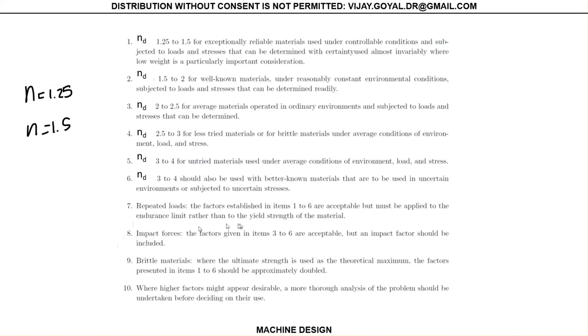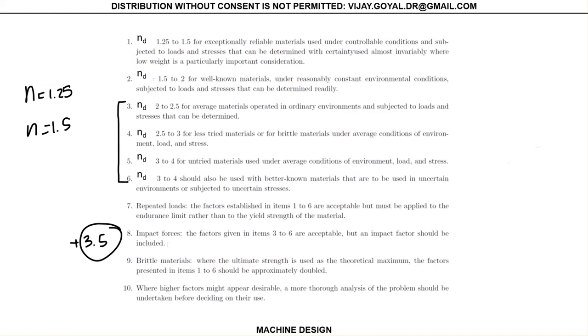Many times for impact factors, we usually multiply anything that's impact by 3 to 3.5, so 3.3 is a typical value for the impact factor. When you're working with repeated loads, we will learn how to do that, the factor also fluctuates around 3, sometimes 2 to 3. So it really will depend on the type of application that you're trying to do.